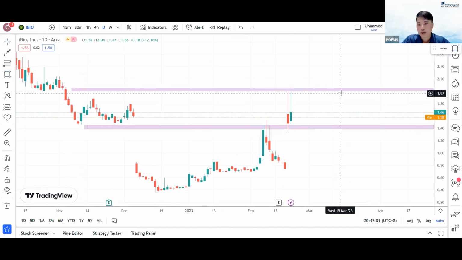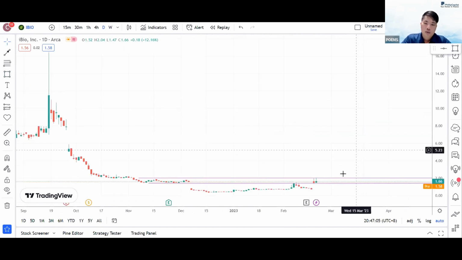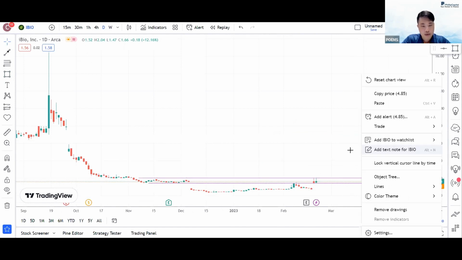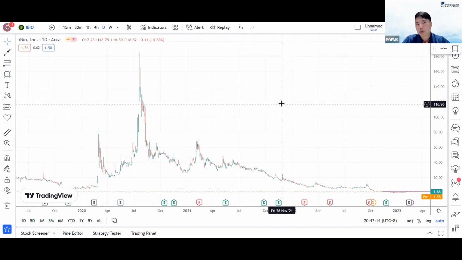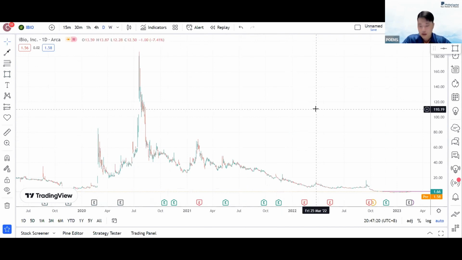So the movement is only about 50 cents. Whether or not it can go above the $2 and then shoot up, to be honest, looking at this kind of chart, I would say that the probability is very low. So for the meantime, maybe you want to look at other counters rather than this one.